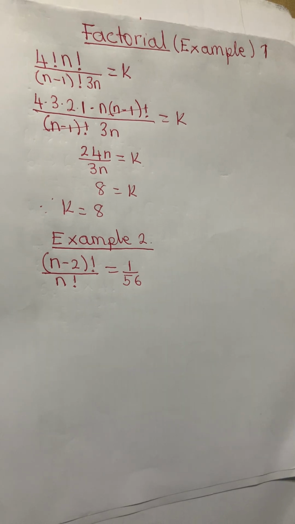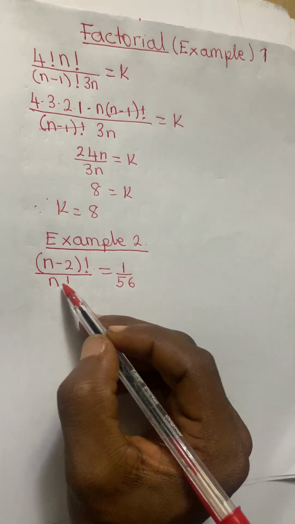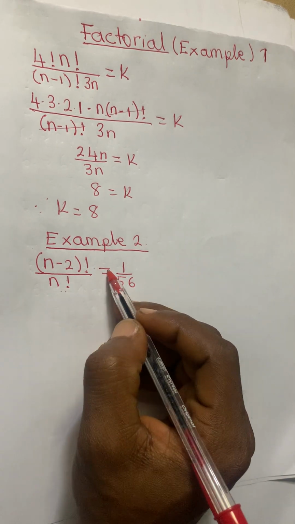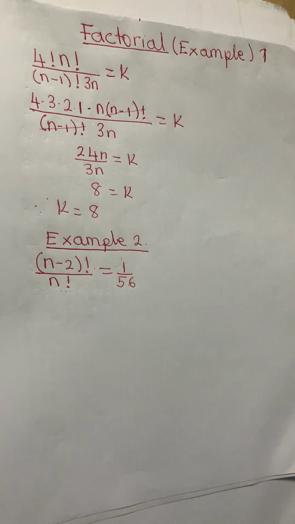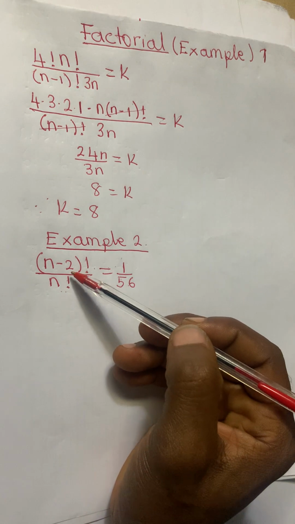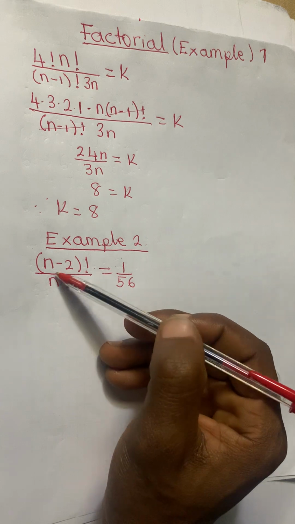Our next example is (n minus 2) factorial over n factorial is equal to 1 over 56. How do we solve this question? If you study this carefully, it will be advisable to deal with the n here, which is a larger number.